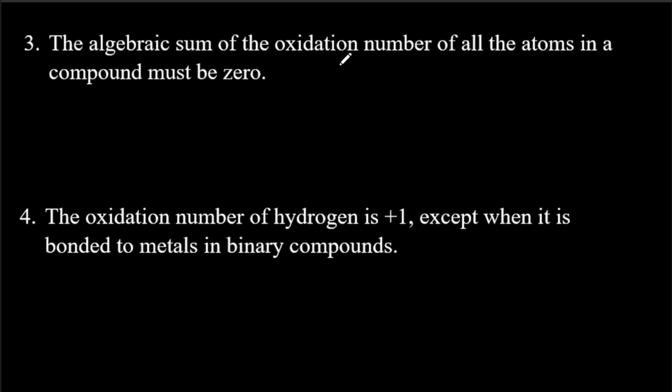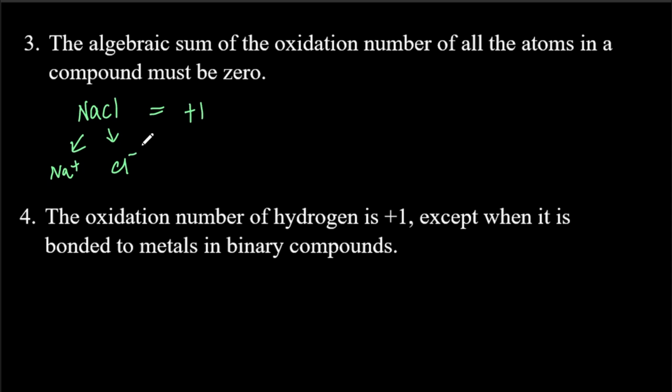The algebraic sum of the oxidation numbers of all the atoms in a compound must be 0. Let us take the example of sodium chloride. It consists of Na plus ions and Cl minus ions. So for sodium, it is Na plus, and the oxidation number is equal to the charge, so it is plus 1.